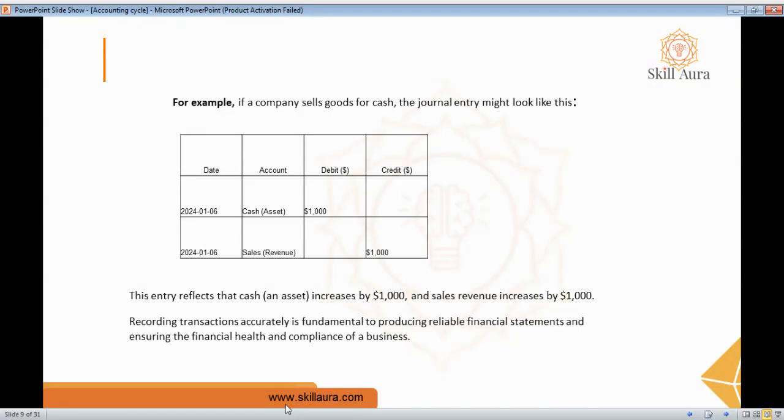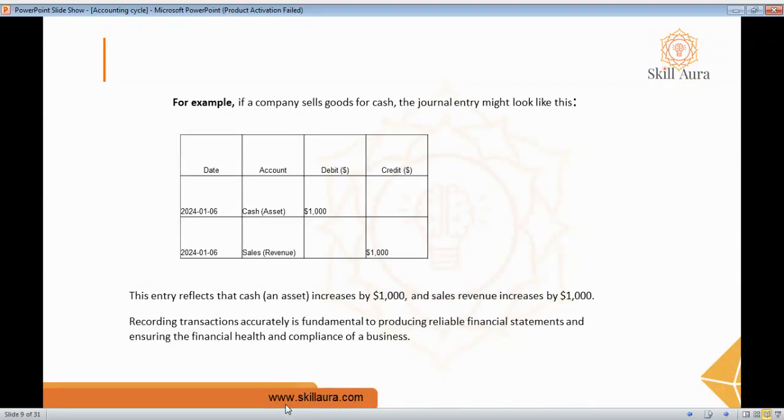The question is, if the company sells goods for cash, here you would debit the cash amount to record the increase in revenue, and credit the sales account to show the increase in income. This transaction will be a revenue transaction or a sale transaction, so it represents the income earned by the company.